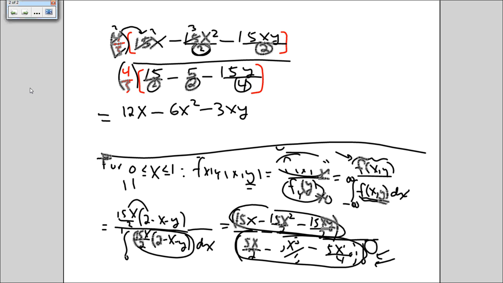We get 3 times xy. And for the denominator, 5 goes in 3 times, 2 goes into 4 2 times, you get 6 over 2 minus 3y.